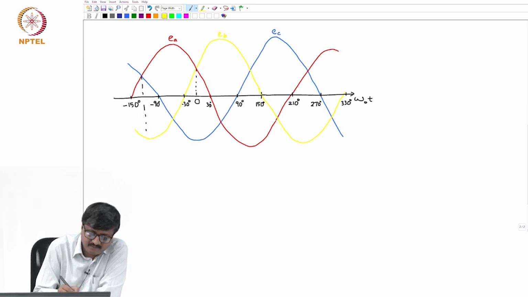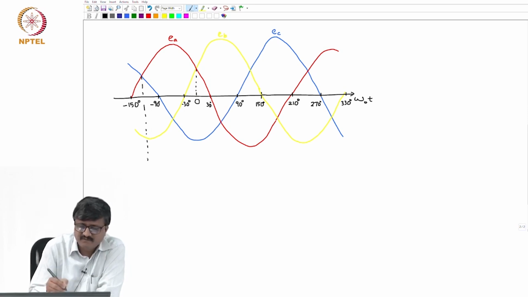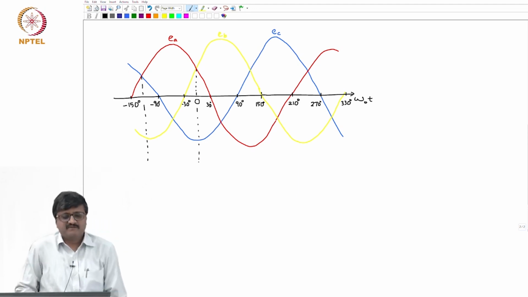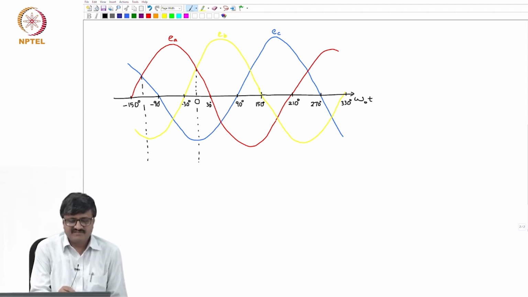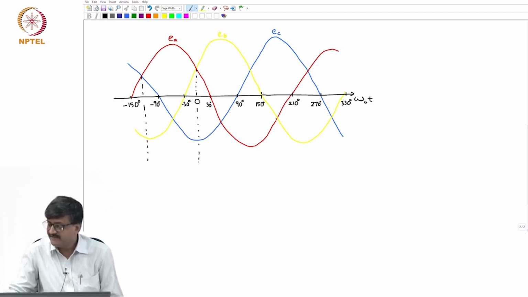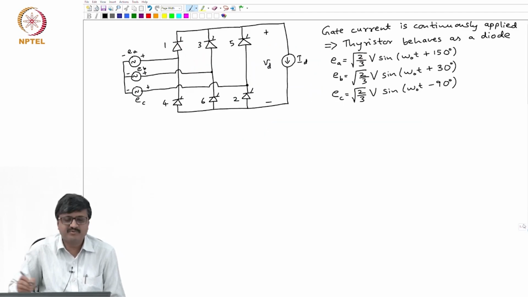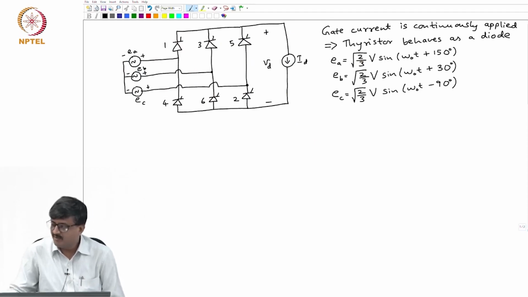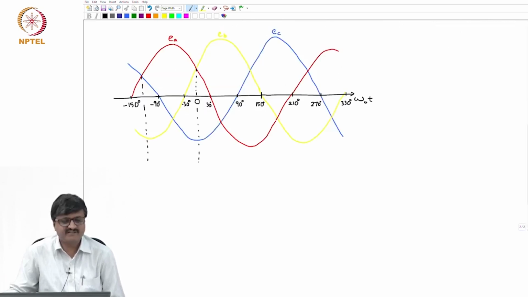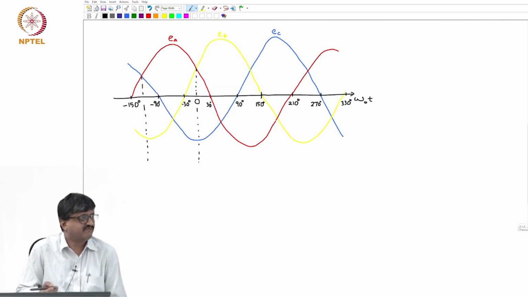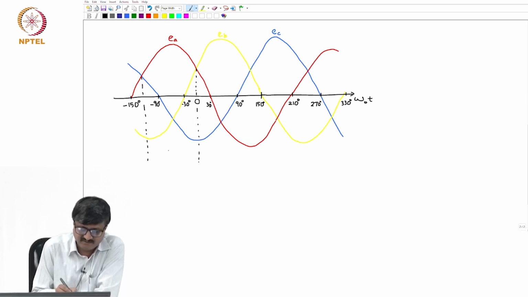If I take this instant, and this instant, from this instant to this instant, can I say one of the thyristor valves in the upper commutation group has the highest anode potential? Among 1, 3, 5, which one has the highest anode potential? 1. Okay. So, it is 1.